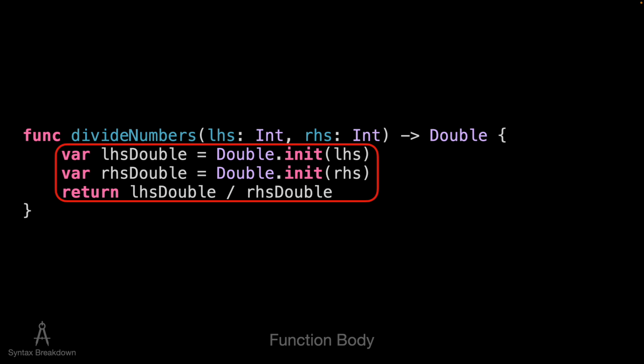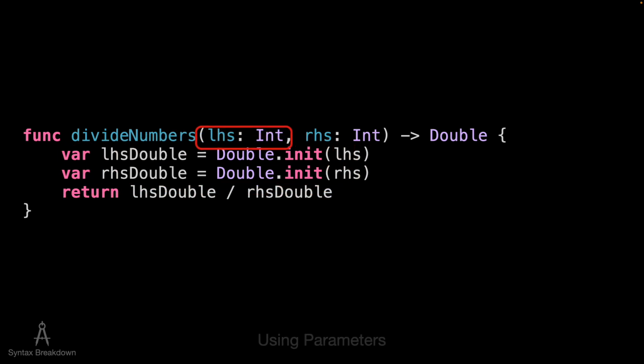So, of note, while we're within here, we are accessing the different parameters and using them in these lines of code as if they were constants that were defined previously, okay? And it's worth noting that in Swift, parameters are constants, okay? So you can't modify them. Once they're passed in, they're locked into the state that they are when you get them. You can copy them somewhere and then modify that if you want, but LHS can't be changed. Same with RHS.